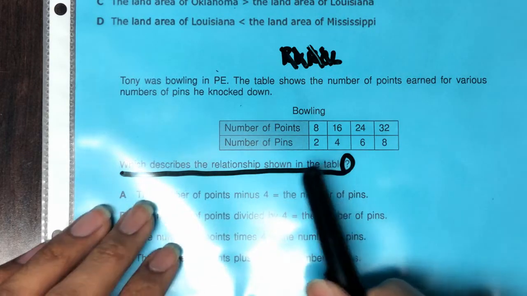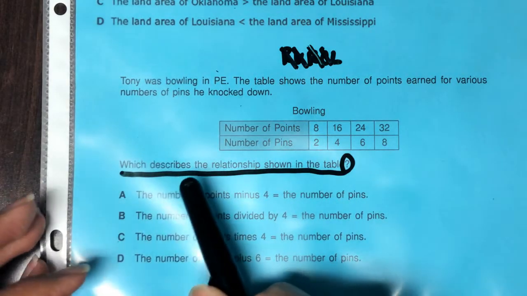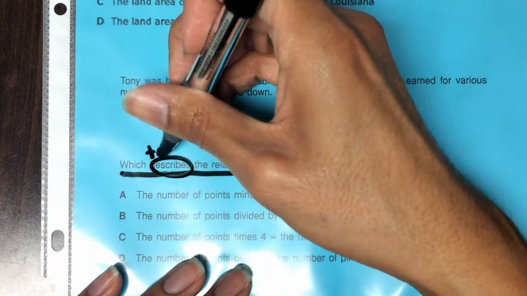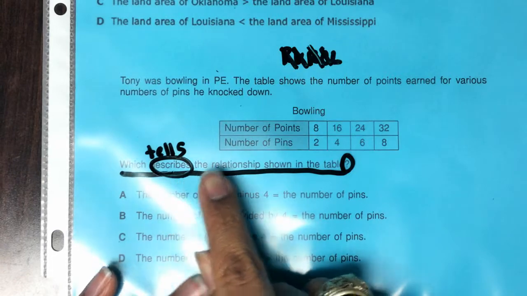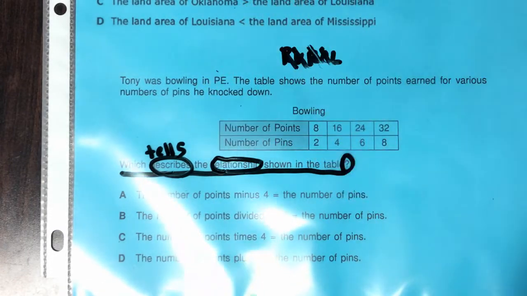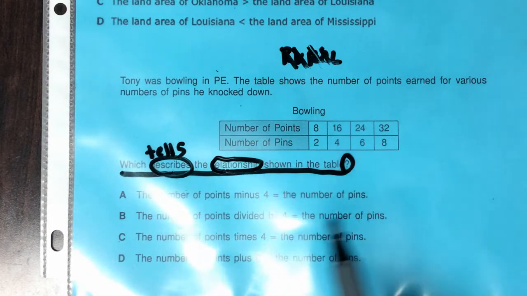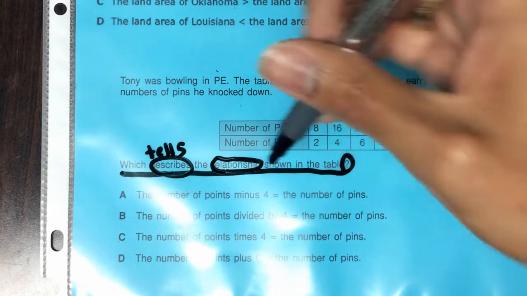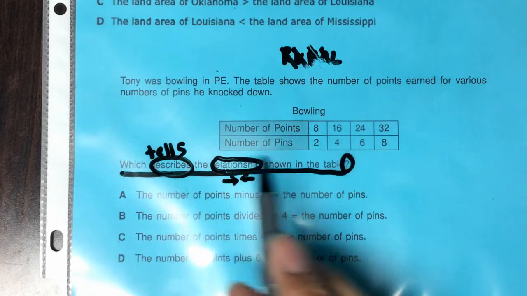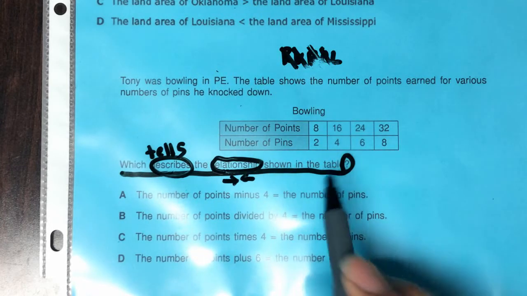Let's start in the question. It says, which describes. Describes means tells about. So which tells the relationship. Let's go ahead and circle relationship. Remember that relationships go both ways, so maybe I just need to draw my arrows here. The relationship shown in the table.